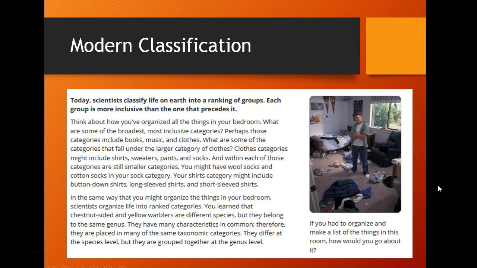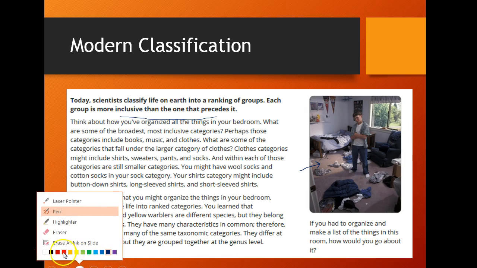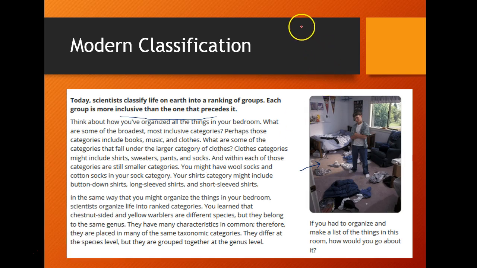Scientists classify these organisms using a ranking of groups, and each group is more inclusive than the one that precedes it. Here's an example. Here's a typical room, and let's say you have many things in your room.